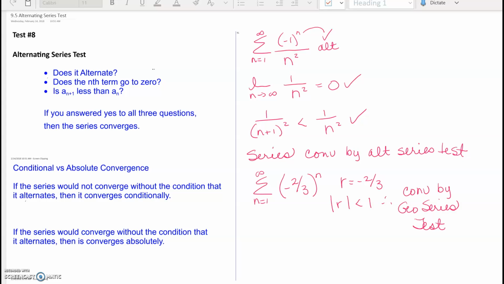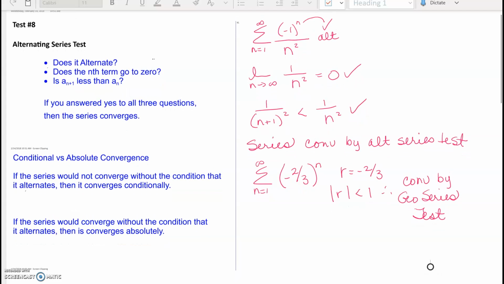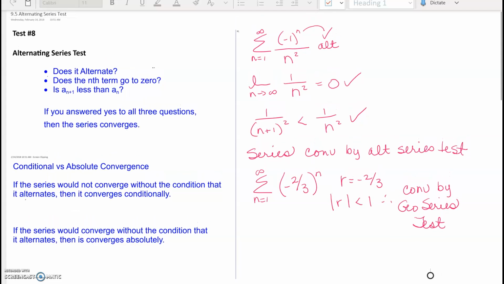Now, there is a second component to this, and it's whether it's conditionally or absolutely convergent. In the problem that I just did up above, if you, again, strip away the alternating series part, after we've proven convergence, now we're going to just look at the series without the condition of alternating.